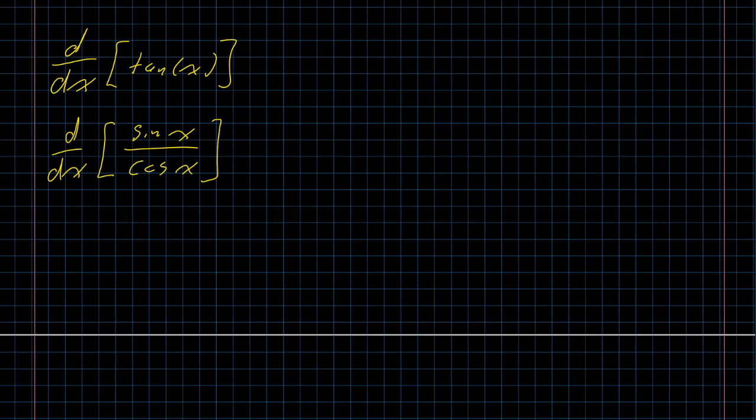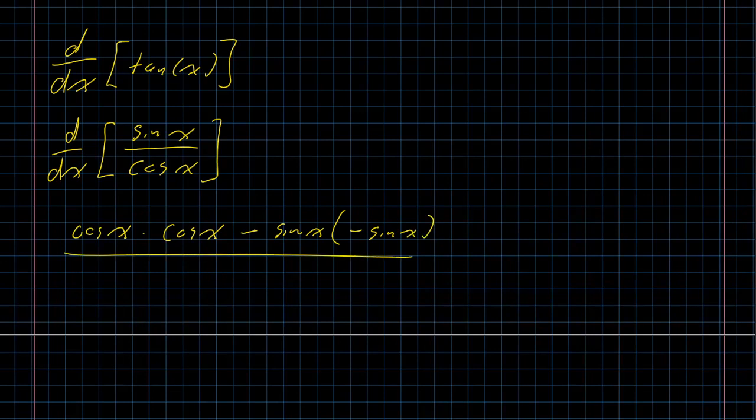Derivative of the numerator, derivative of sine is cosine, times the denominator, cosine, minus numerator, sine, times the derivative of the denominator. Derivative of cosine is negative sine. All divided by denominator squared.